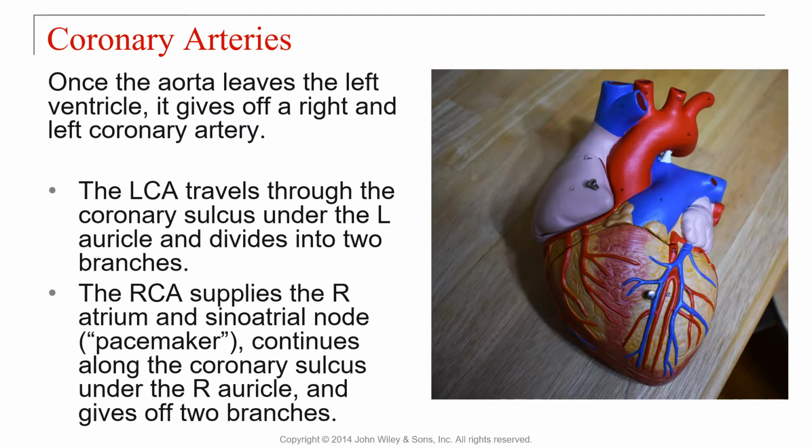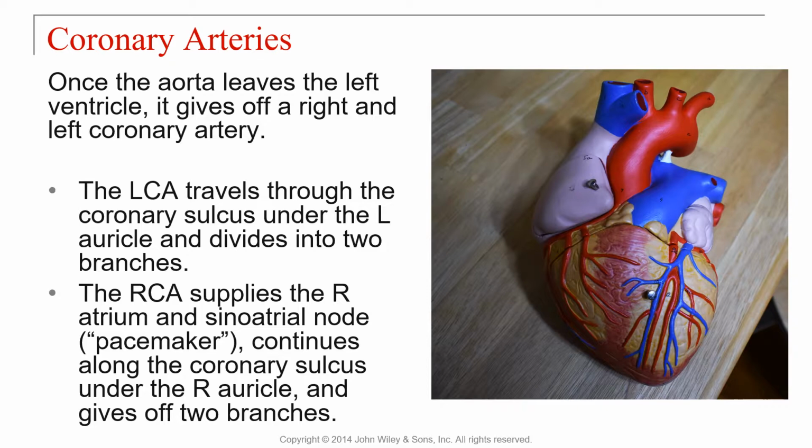So our coronary arteries. Now this is the actual heart model that we have in class, and I'd like you to try to identify these vessels as I'm talking about them. If you keep in mind left versus right when we're talking about the heart itself, it shouldn't be too difficult to identify these vessels just based on their descriptions.